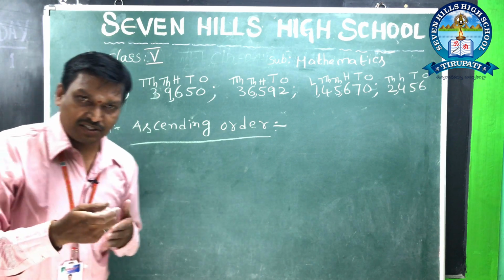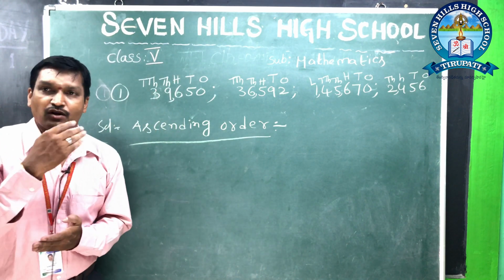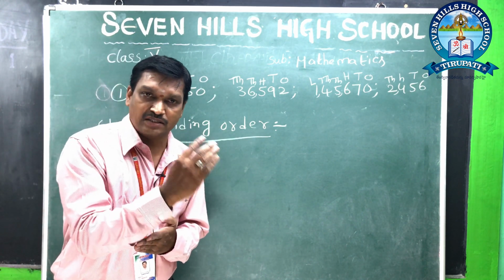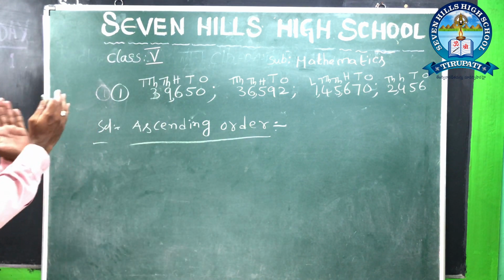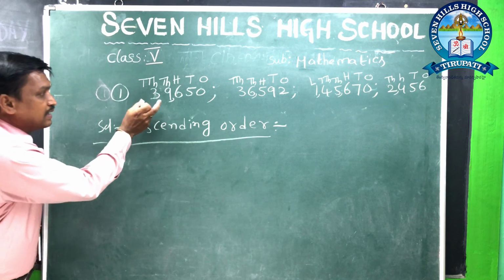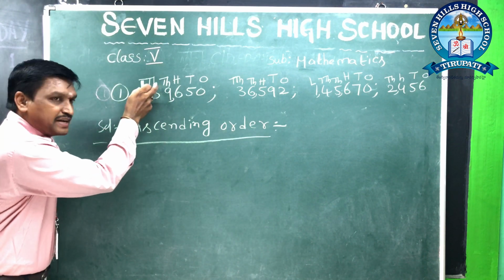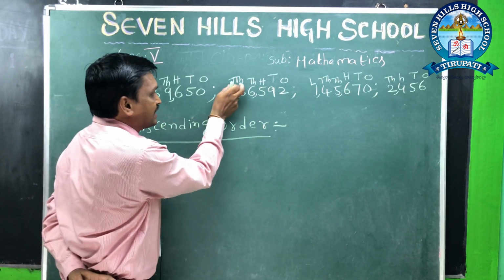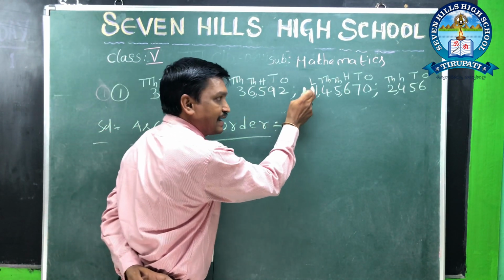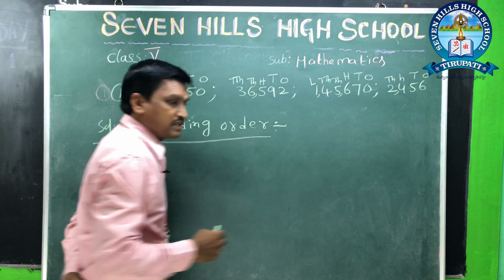Yes, I already said to you children, ascending order means smallest number to biggest number. So once observe here, the period place is here 10,000s. Next, here also 10,000s, here lakhs, here thousands.